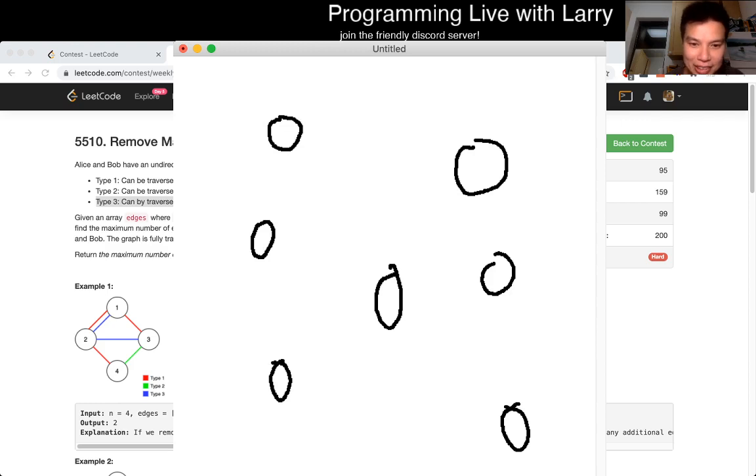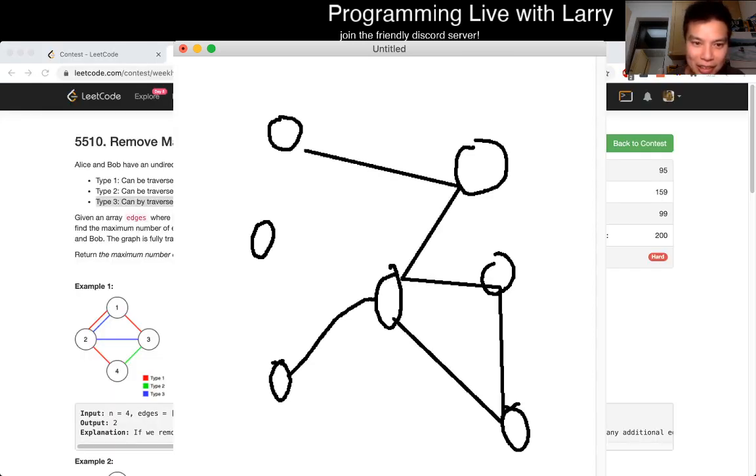Now I bring back the toolbox. Okay, now I could draw a straight line. So you have some nodes that look like this, and now we only think about type 3 for a second.